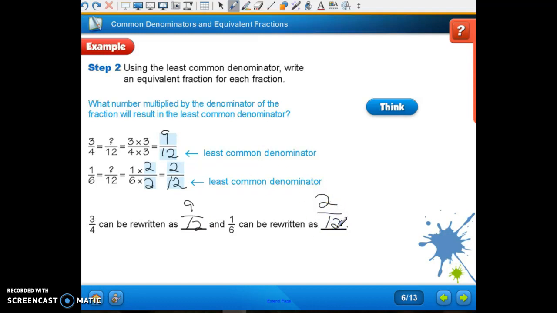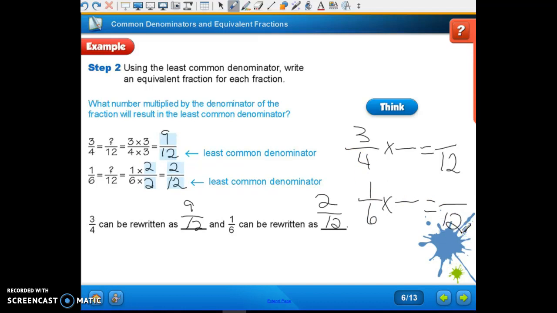Now I like to set my problem up like this. If I'm going to add or subtract, I like to do this and put what I found for my common denominator over there. And even if I'm not going to add or subtract, that way it's not in the middle of my work.